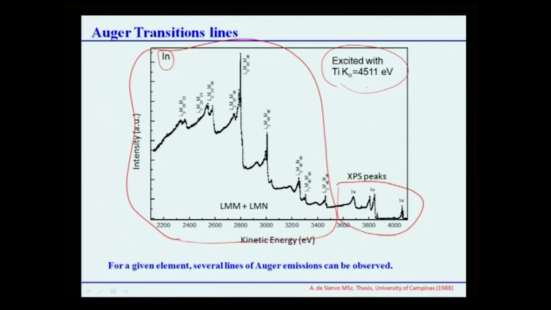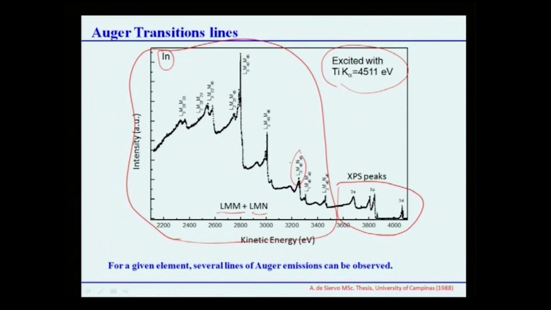So what do we see? We see all the transitions like LMM, LMN transitions. Indium has a large number of electrons, so a large number of Auger transitions are possible. The very routine ones are L1 M45 M45, L2 M45 M45, and L3 M45 M45, and all the others are transitions from L3 to M and MM transitions. Then these are called the LMN transitions.